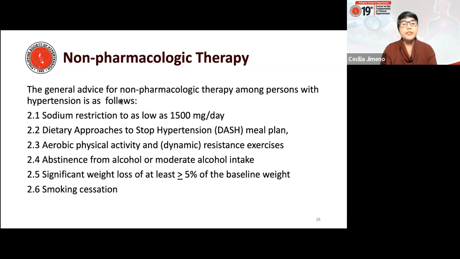So sodium restriction to as low as 1,500 milligrams per day, the DASH meal plan, aerobic physical activity and dynamic resistance exercises, abstinence or moderation of alcohol intake, and weight loss of more than or equal to 5% of the baseline weight, and of course, smoking cessation.